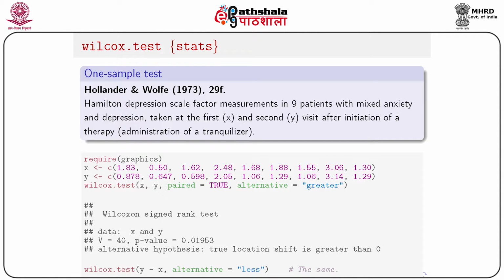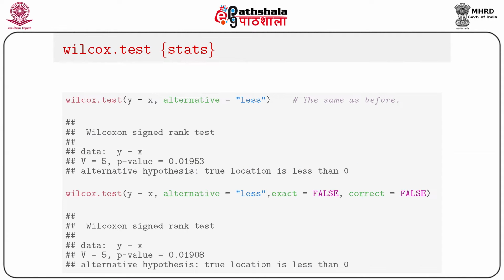Then wilcox.test, if you just pass X and Y, and as it is a paired test, paired equals TRUE, alternative equals greater, and then it will give you V equals 40, p-value is 0.019, which is statistically significant. And if the alternative is less, you can change it to less, or exact equals FALSE, correct equals FALSE. You can use the other arguments as you want.